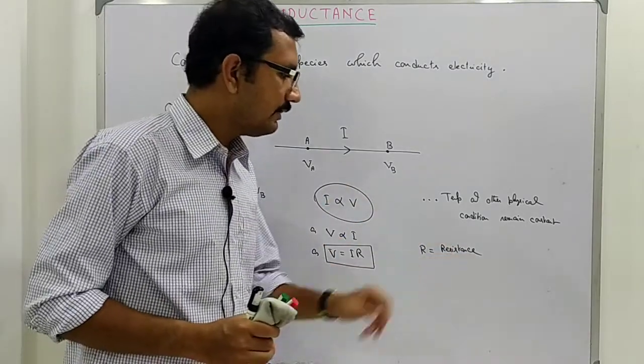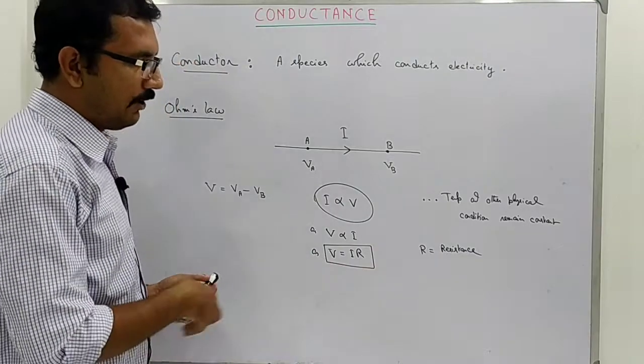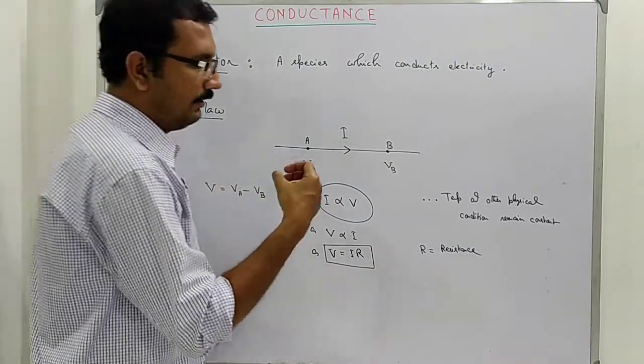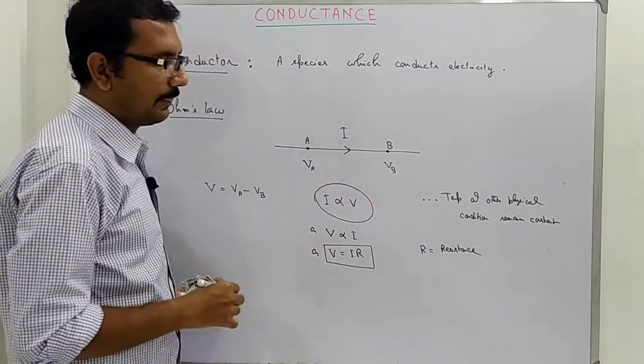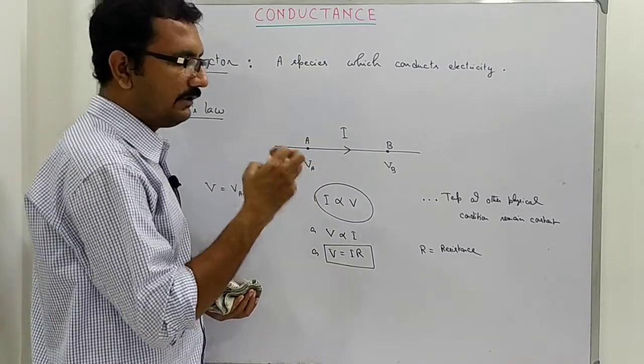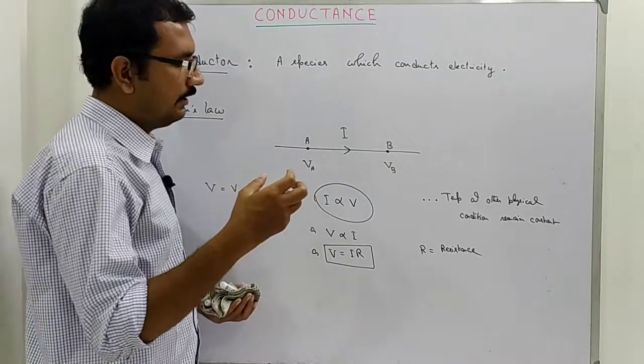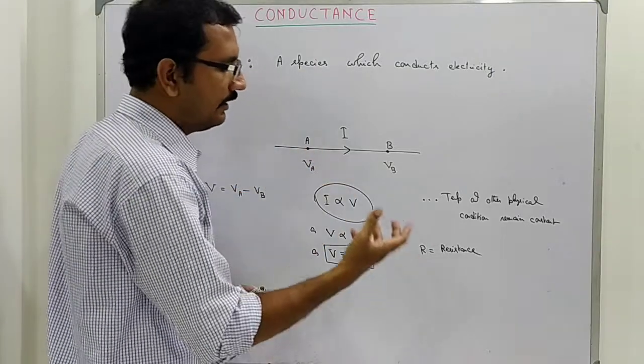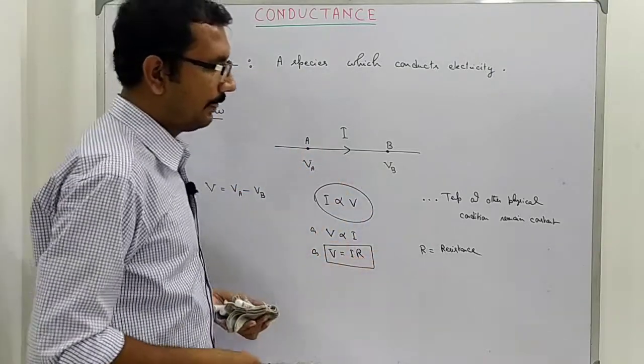Now, what is this resistance? Resistance is the obstruction to the flow of the charge. It is being offered by the substance. How this resistance comes? How this resistance appears? I am coming to it within a while.